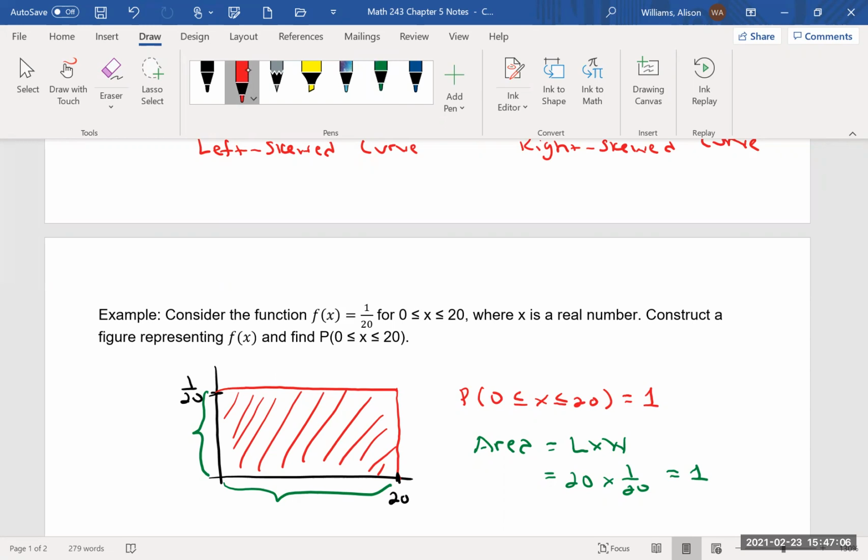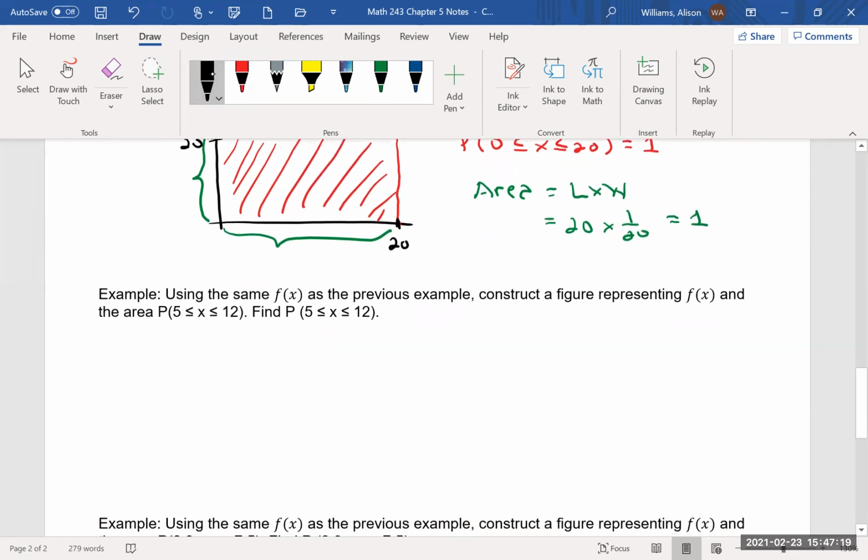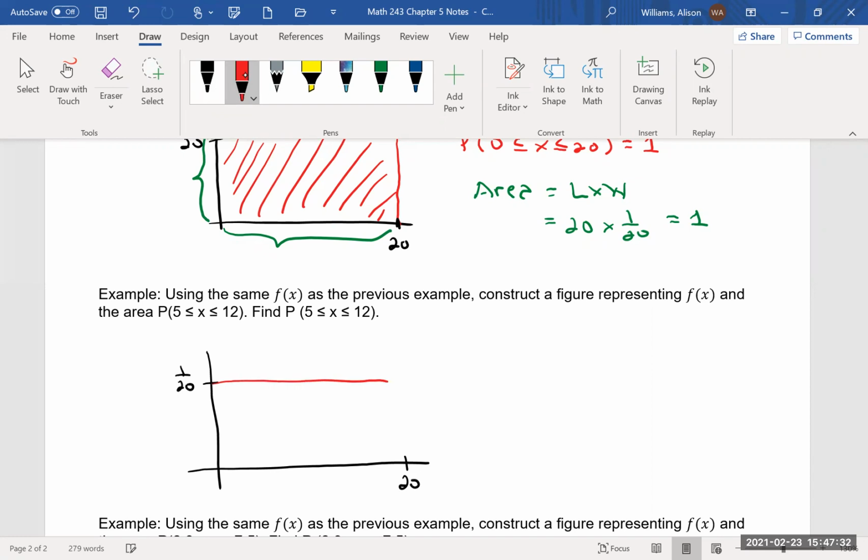Okay, so let's look at the next question. Using the same f of x as the previous example, construct a figure representing that f of x and this area from 5 to 12, and then they want us to find the area. So I'm going to draw this picture again. This goes up to 1 over 20, and this goes out to 20. It's going to be the rectangle.